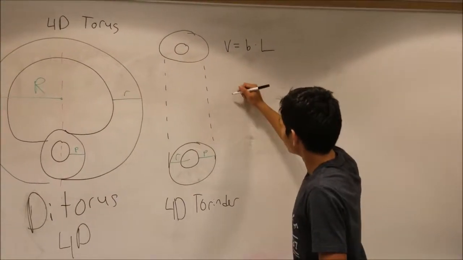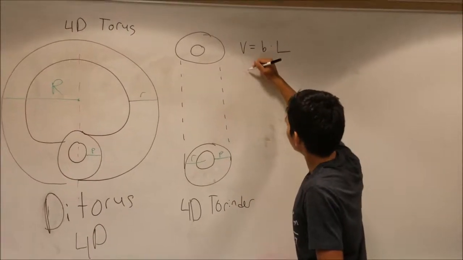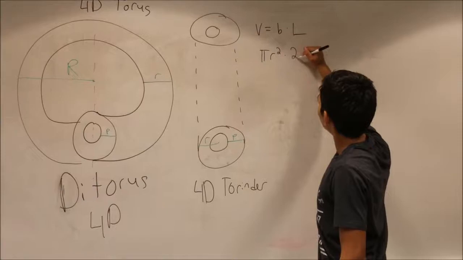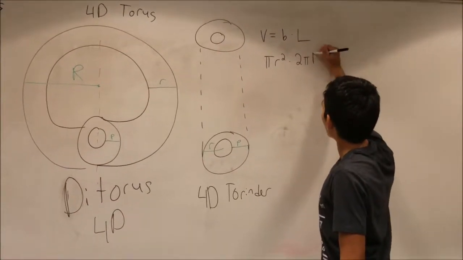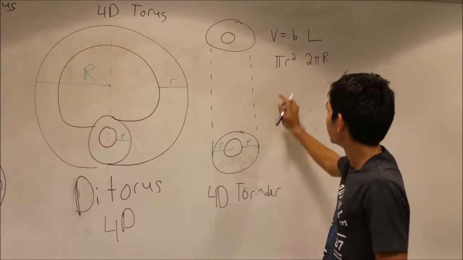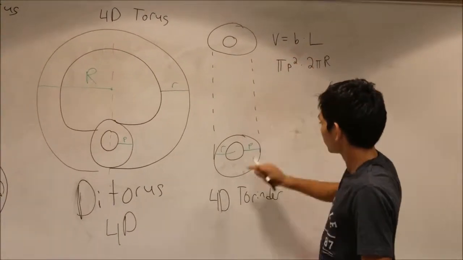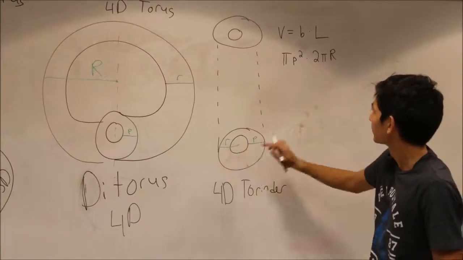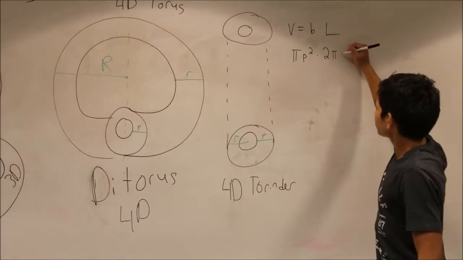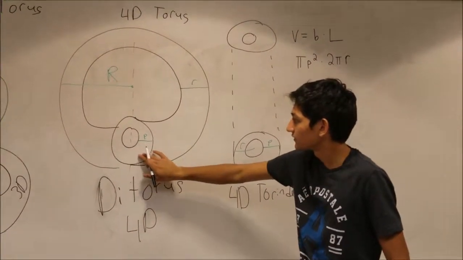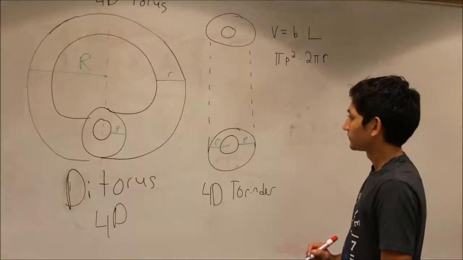So we know that the volume of the torrender is pi r squared times 2 pi r. But in this case, the r is going to be switched with p because we're using a smaller torus, and the big R will be switched with that r. So that's the volume of this smaller torus.